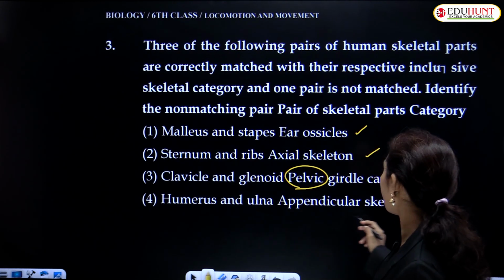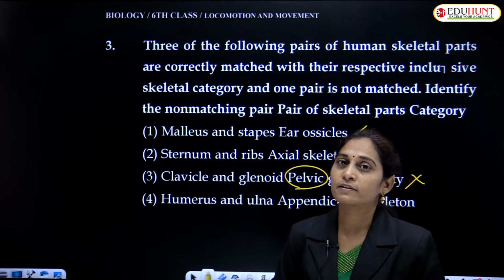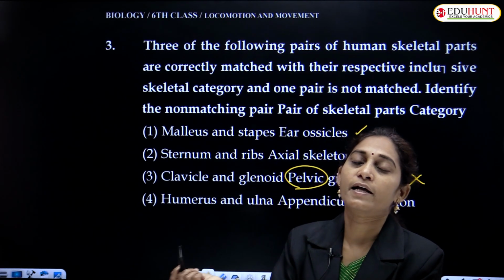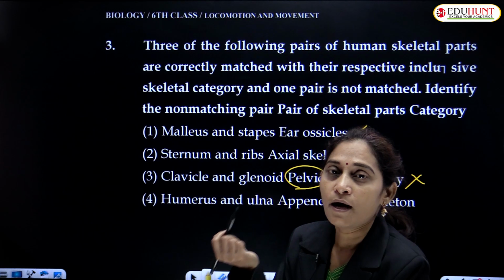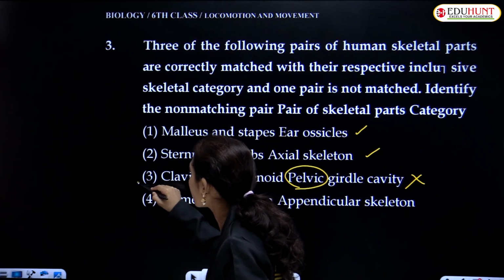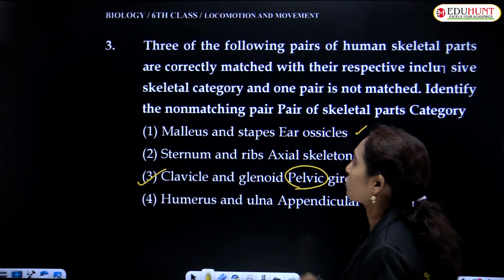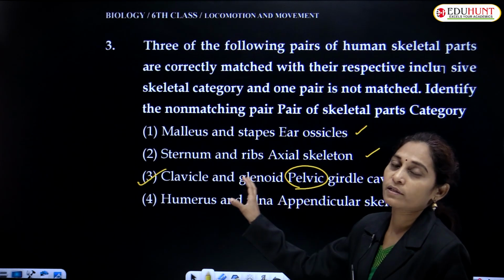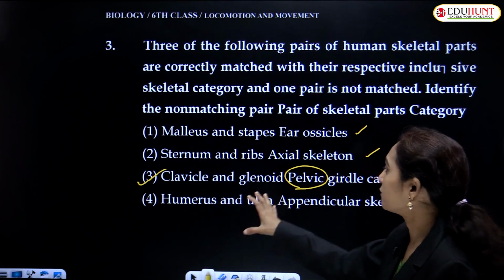Humerus and ulna, appendicular skeleton, yes, they are the parts of the appendicular skeleton. Humerus and ulna are the parts of forelimbs. So obviously the wrong answer is 3. This is the mismatched pair, so the correct answer here is the third one.